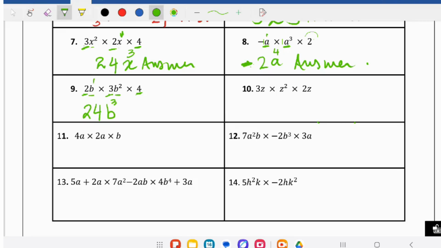So 2 plus 1 is 3. Over here, this is 3, invisible 1. So 3 times 1 is 3. 3 times 2 is 6. I will multiply all the coefficients first, which is 6. z, all bases the same. I'm going to add their powers because I'm multiplying: 2 plus 1 is 3, 3 plus 1 is 4. 6z to the power 4.